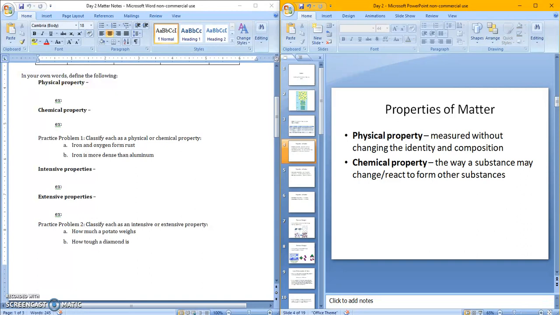Whereas a chemical property is a property that depends on how it will react to another factor. Okay. So the way a substance may change or react to form other substances. So if I take a piece of paper that is white, okay, a white piece of paper, that's its physical property, I can see that. But the only way I know if a piece of paper is flammable is if I take a flame and I put it with the paper.